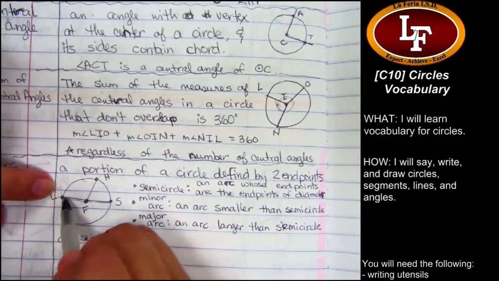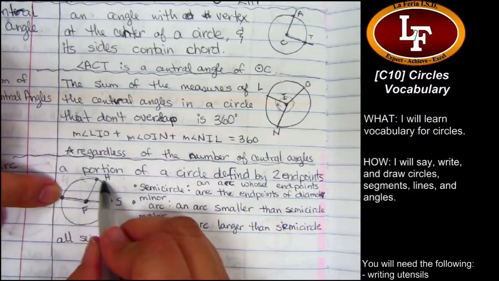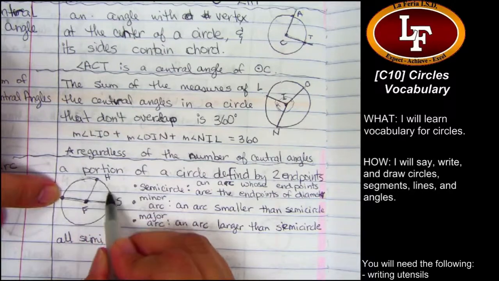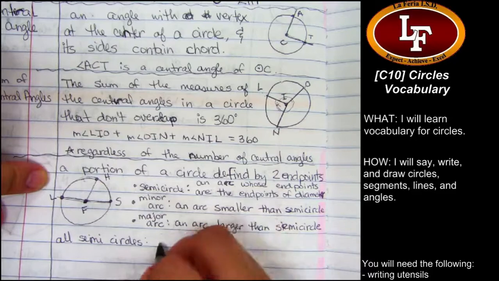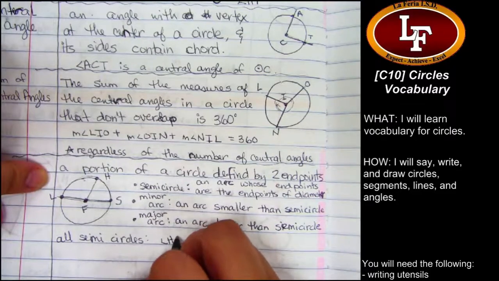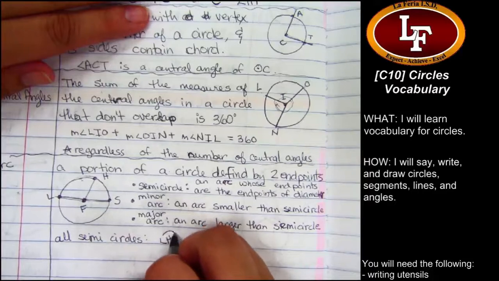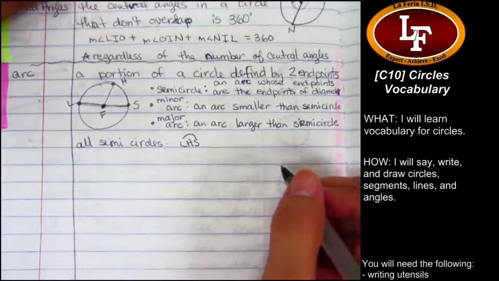So one semicircle is going to be here from L to S, and it goes through H. So we're going to state that it goes from L through H to S. I'm going to write those 3 letters all next to each other, L, H, S, but I'm going to put a little rainbow over it to show that this thing is an arc.